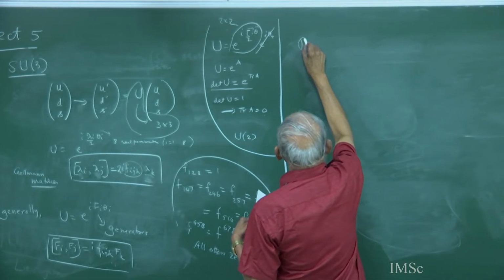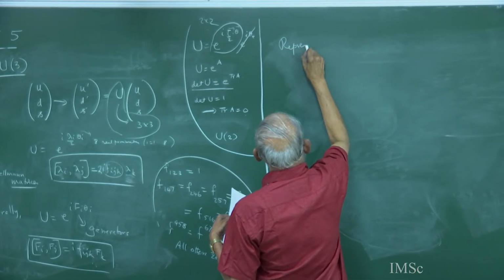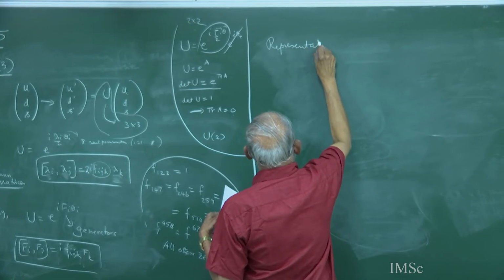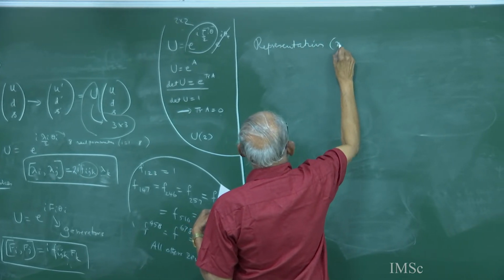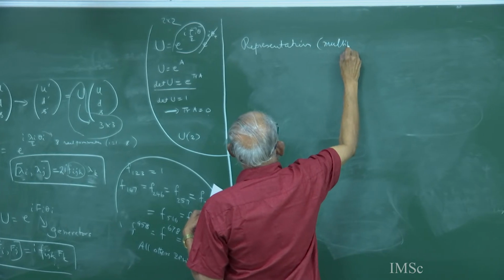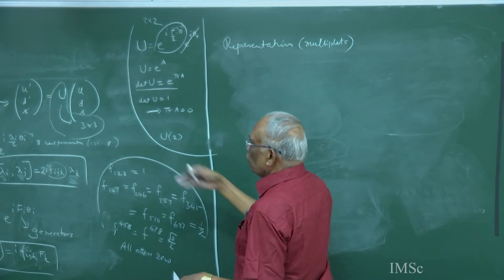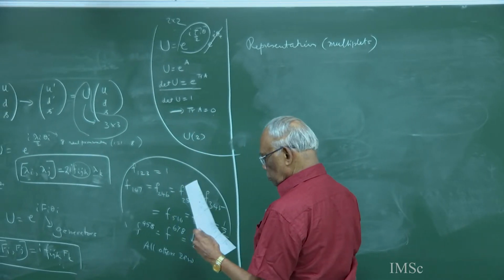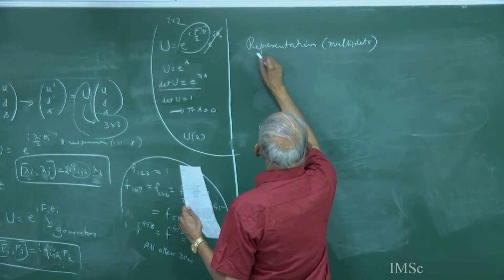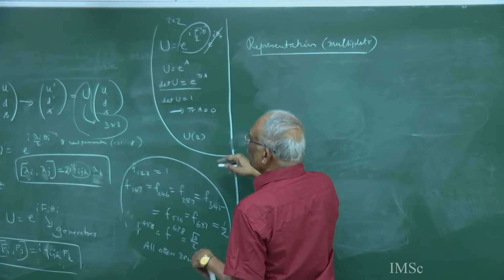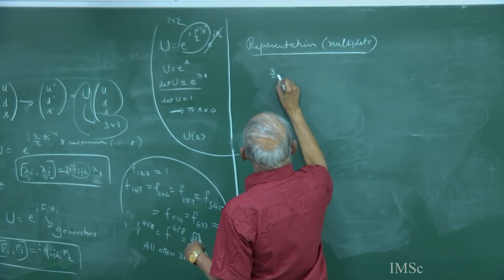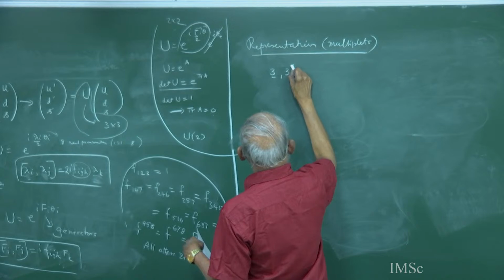Representations are multiplets. Representations of matrices, but if we write the wave function, it will be written as a column vector. What are those? This is 3, and it turns out 3 star is another independent representation.